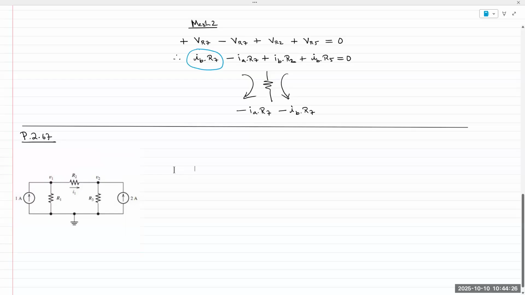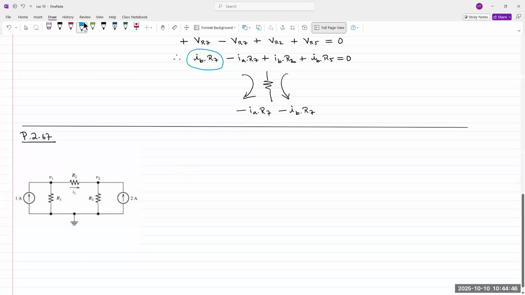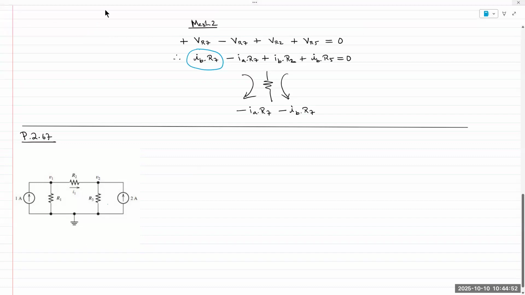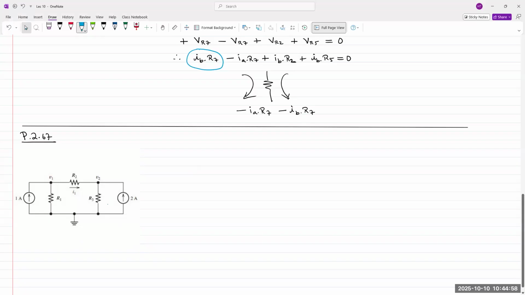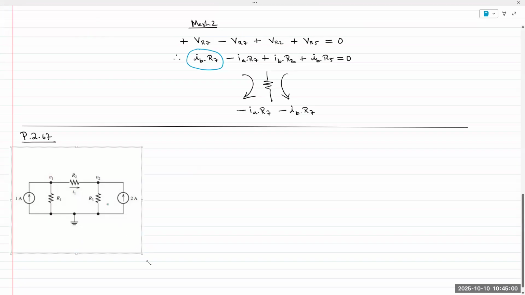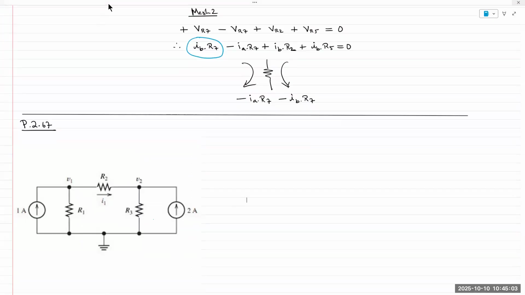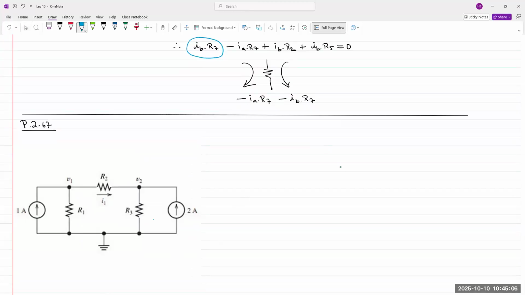So what do we do? It sometimes makes it easier if you have current sources. Because if we assume a mesh current that flows in the same direction as the current source, then we automatically have an answer for that mesh current, right? So if I choose, let's say, let's make this bigger. I have three meshes.